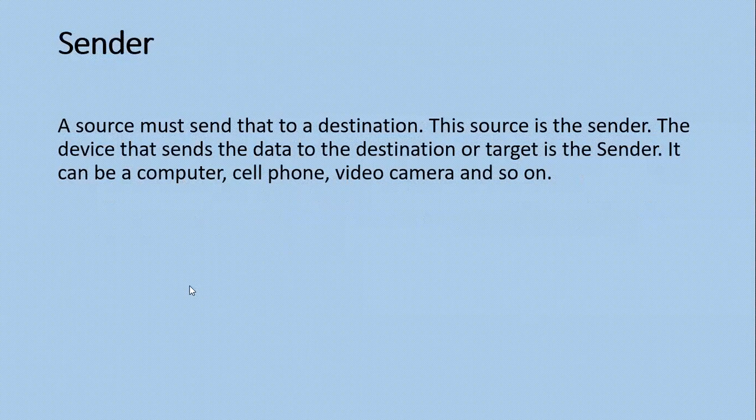As I have told you, when we are pressing a key on the keyboard, then the keyboard is basically the sender and the system is basically the receiver. When we are sending a print, then of course the system is basically the sender and the printer is the destination, because we are sending data from the system to the printer. So in that situation, two devices are there which are behaving as the sender and the receiver.